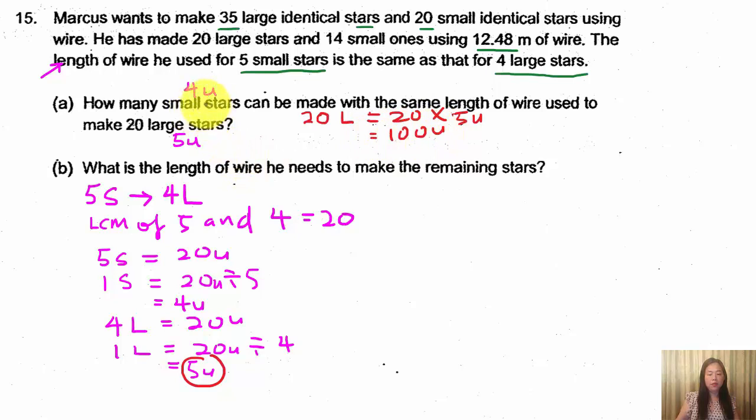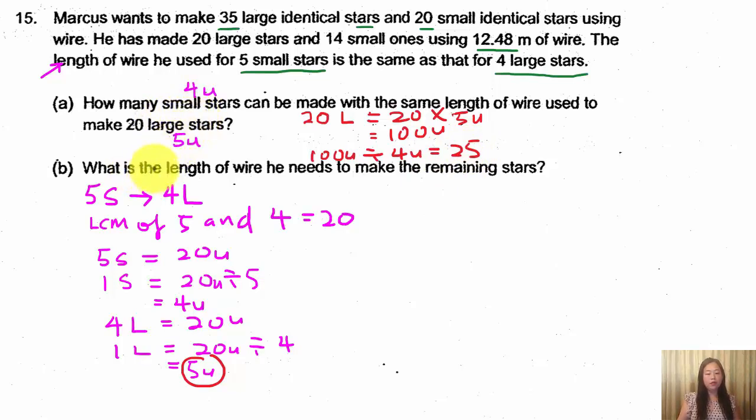So, to make the small stars, it will be 100u divided by 4u for each small star, and the answer will be 25 small stars. And that is the answer for A.